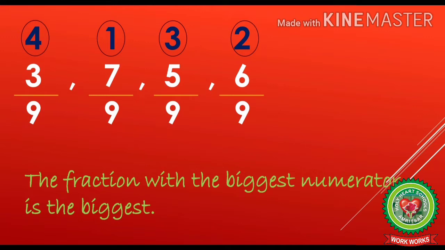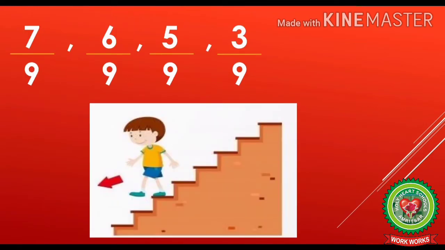Now among 3 and 5, 5 is the biggest numerator. So 5 upon 9 will be third and 3 upon 9 will be fourth in the order. Now let us arrange these fractions in descending order according to the numbers. So the descending order will be 7 upon 9, 6 upon 9, 5 upon 9 and 3 upon 9.